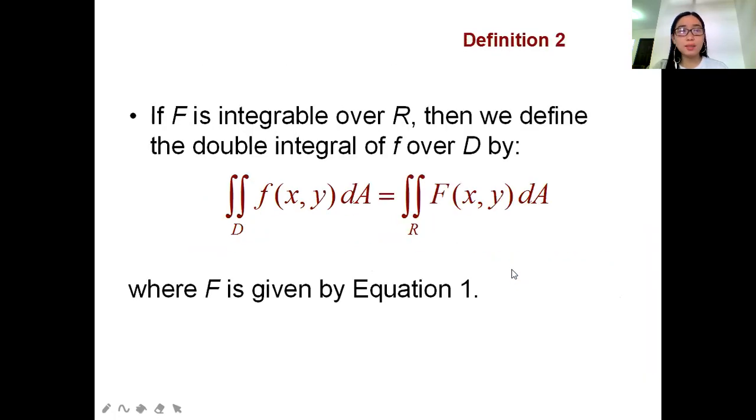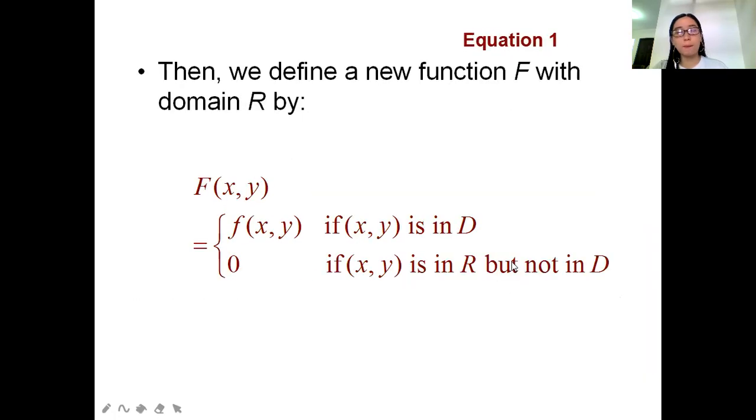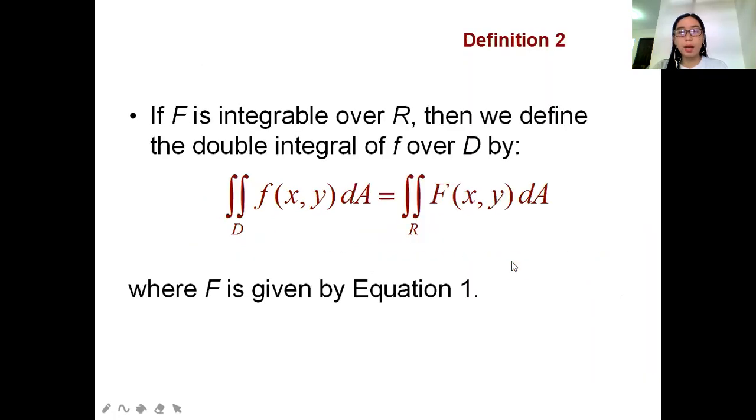So if F is integrable over R, then we define the double integral of f over D by the double integral of f(x,y) dA is equal to the double integral over R of capital F(x,y) dA, where F is given by equation 1.